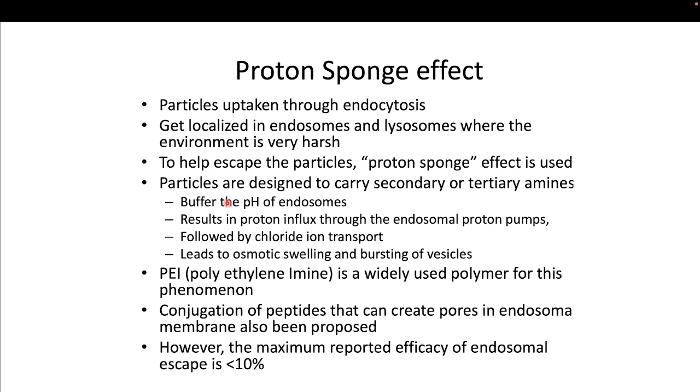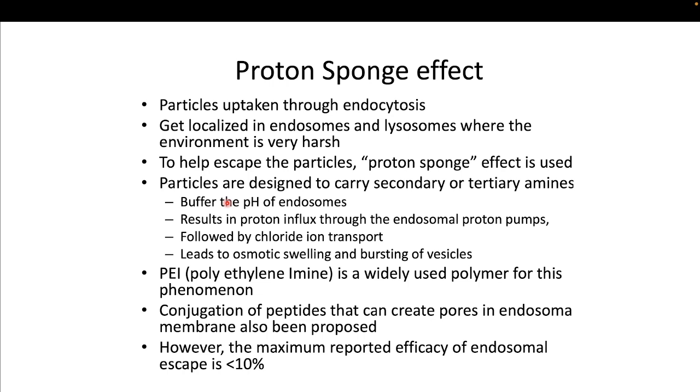So to balance that, it will also pump in chloride ions to manage the ionic strength there. Now there are a lot of ions present in that endosomal compartment, so this creates an osmotic imbalance. To balance that, a lot of water will be taken into the endosomal compartment, and all of this creates a pressure on the endosomal membrane, which will then burst after a while.